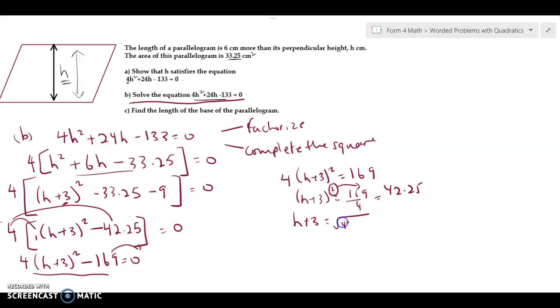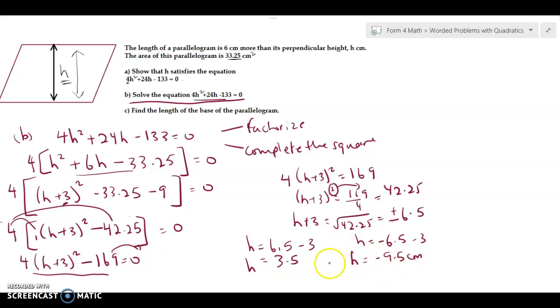So I get the square root of 42.25, so that will give me 6.5. So it'll be a positive 6.5 and a negative 6.5. So my answers for h will be positive 6.5 minus 3, or minus 6.5 minus 3. So I'll get here 3.5 as one of my values, and then h will be minus 9.5.